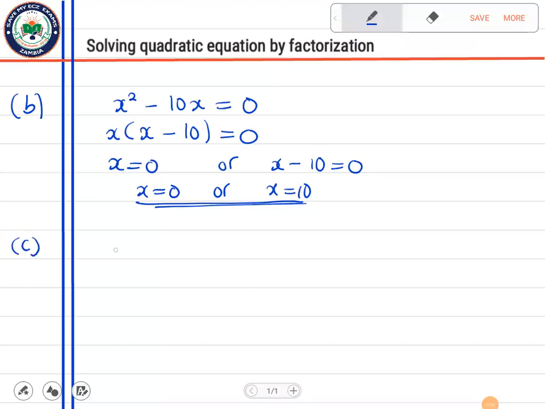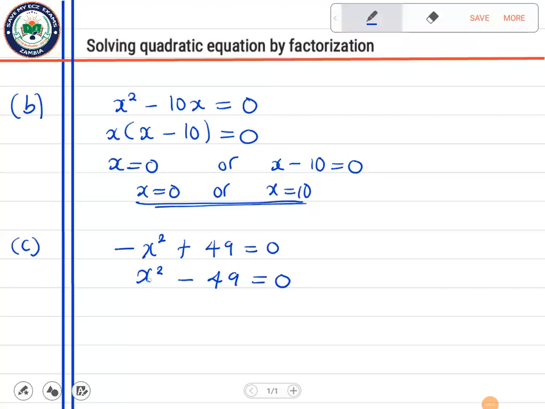C says negative x squared plus 49 equal to 0. Now you understand that we can divide by negative throughout here. So if we divide by negative throughout, we have x squared minus 49 equal to 0. Now look at this.